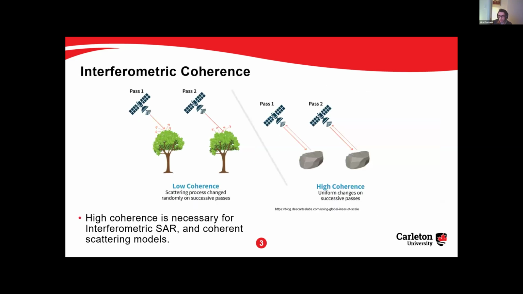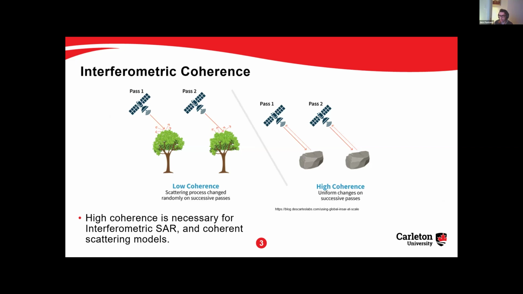And so to measure the expected quality of an InSAR result, we use something called the interferometric coherence, which is basically just, in a repeat pass satellite, where the satellite's in the exact same position, we see how correlated the two images are. So low coherence indicates that the scattering process has changed in a random way.